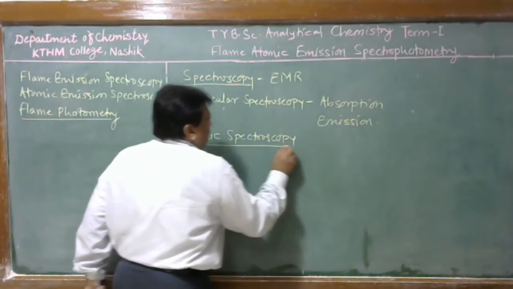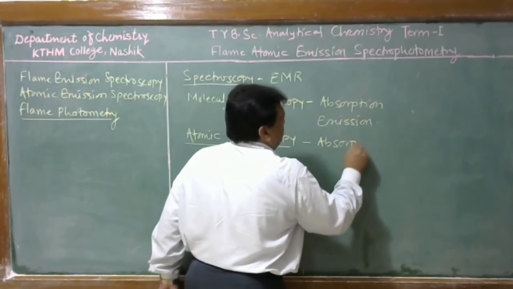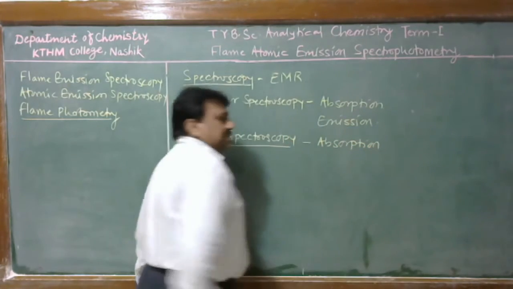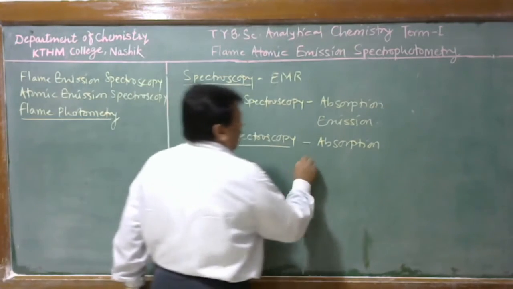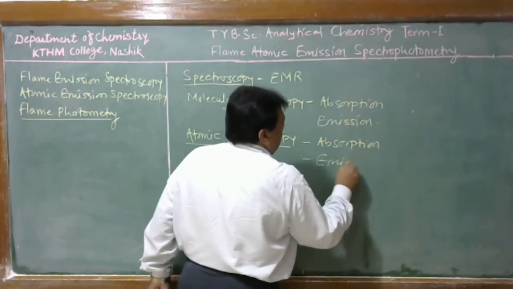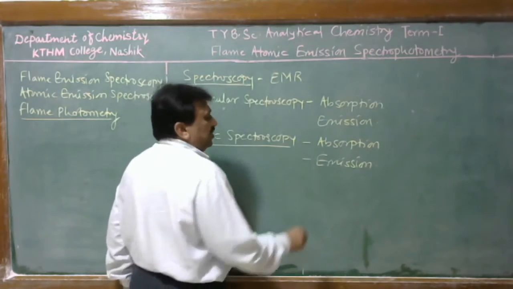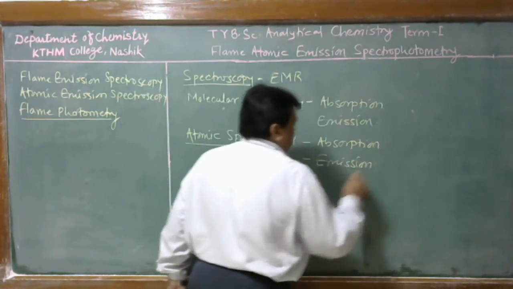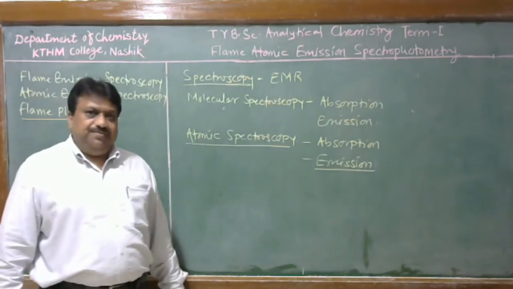Similarly, in atomic spectroscopy, when atoms absorb electromagnetic radiation, it is called atomic absorption spectroscopy. And when we measure the emission of the atomic species, it is called atomic emission spectroscopy.